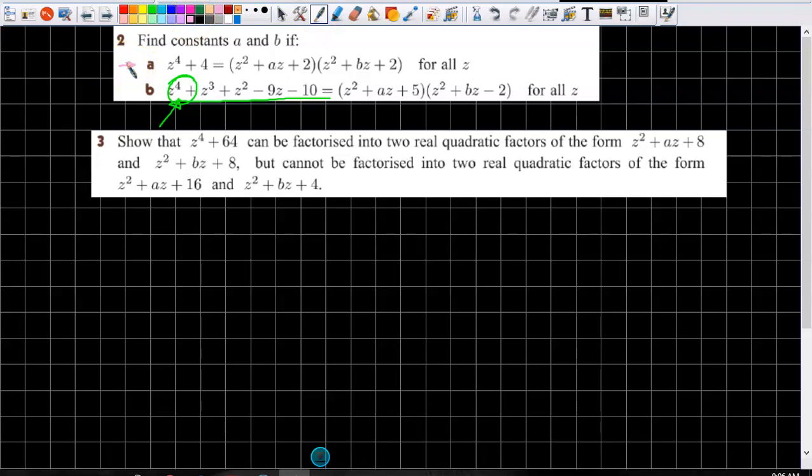Yeah? So we would say z to the 4 plus 64, because it can be factorized into this and this, what that is saying is, can we write that.